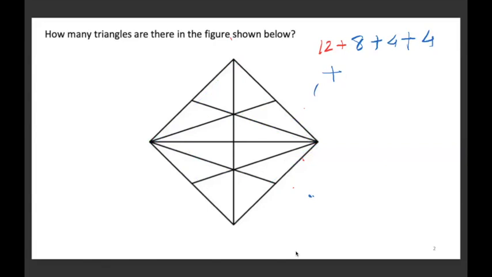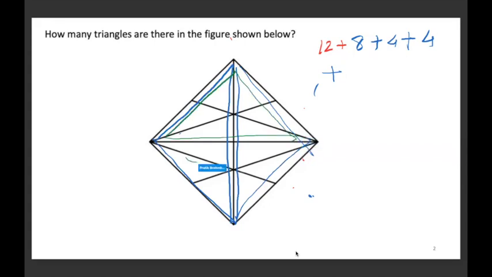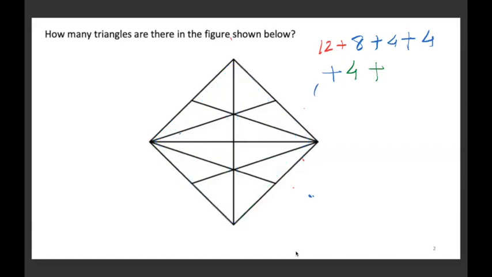Then we'll look at a bigger triangle, which is this. And then also vertically, along this plane, you can find this here and then here also. So plus 4. Further, we can also find this triangle and this triangle here.